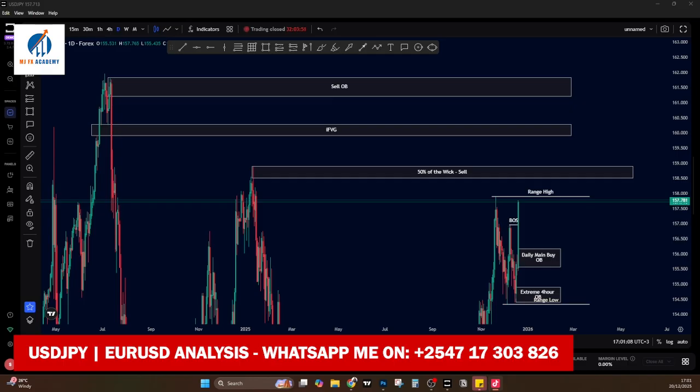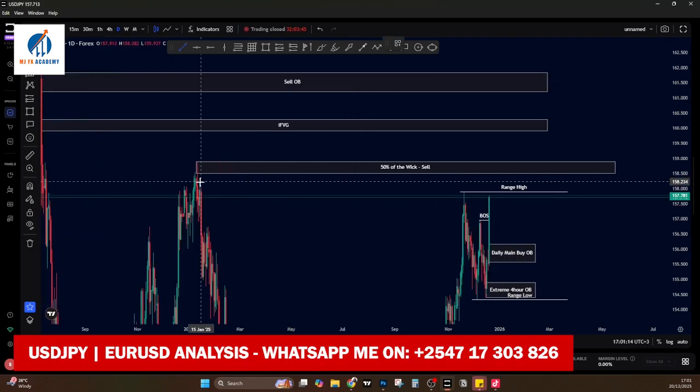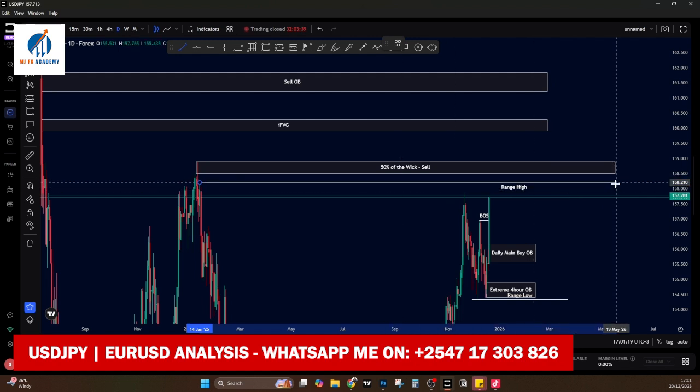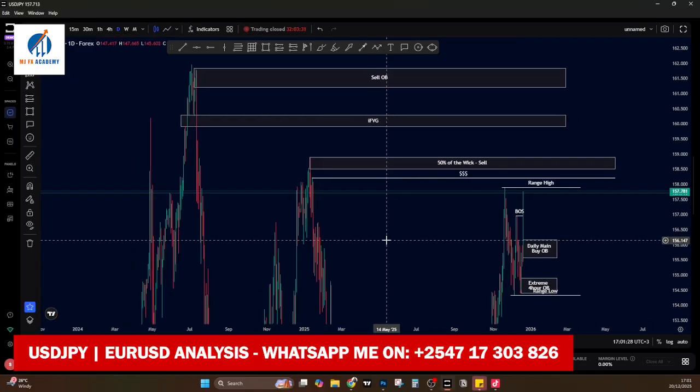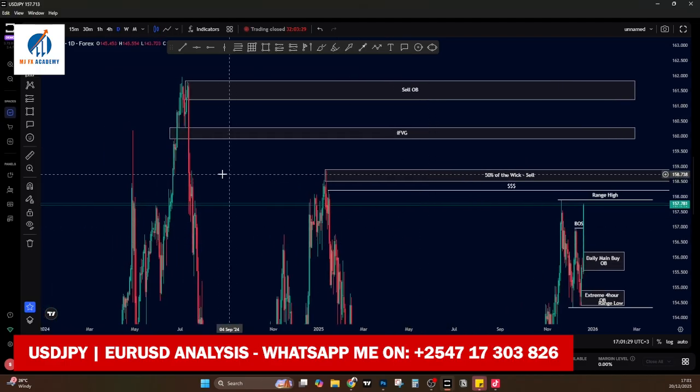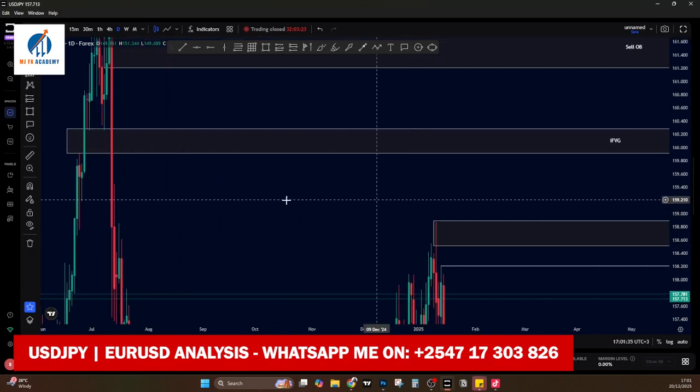Okay, so you can see that the market will be coming to take out this liquidity. That liquidity here. So that's a very valid area to sell from. And let me see whether these were equal highs.